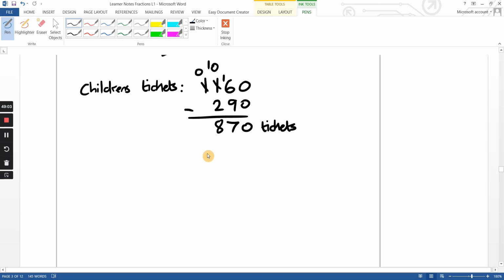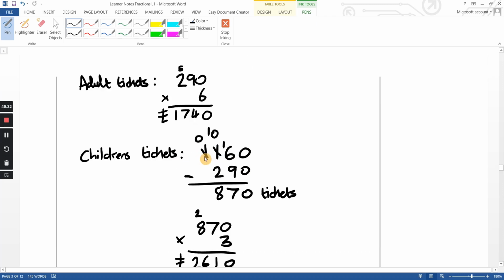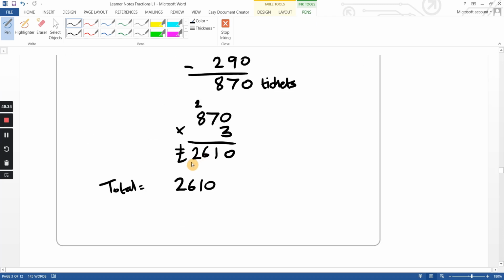Each one was £3, half price. So that's going to be 8 times 3 is 24, plus 2 is 26. So £2,610 for the children's tickets. So the total, 2610 plus 1740.